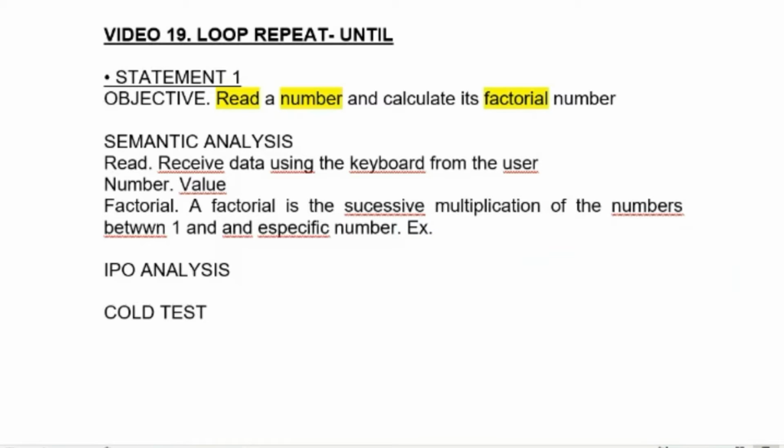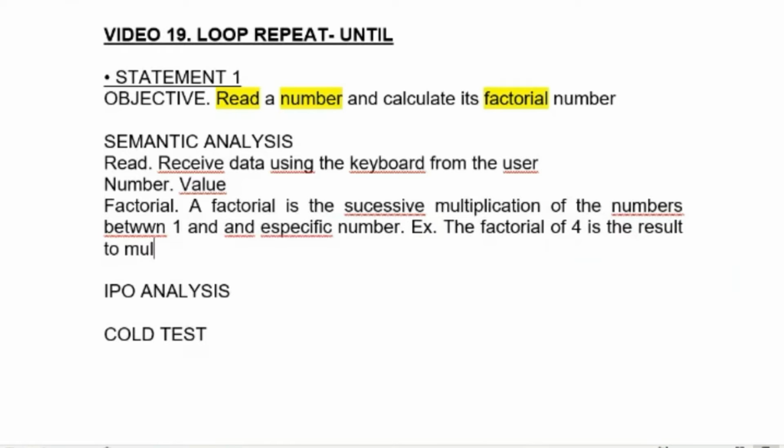Example, the factorial of 4 is the result of multiplying 1 by 2 by 3 by 4. And that means 24.